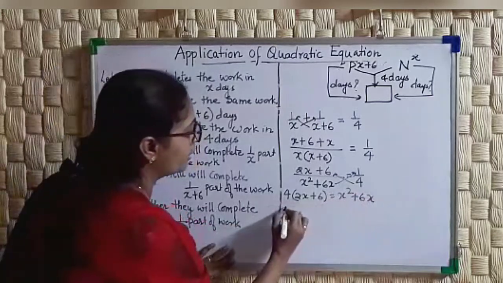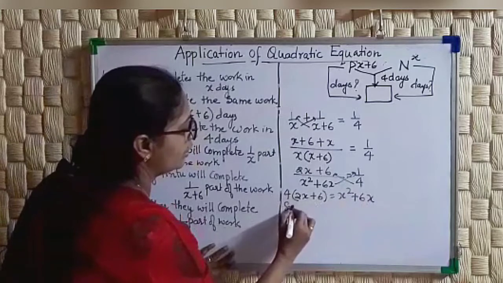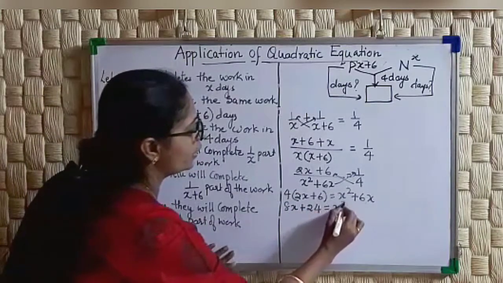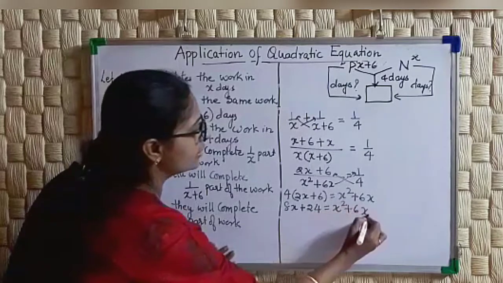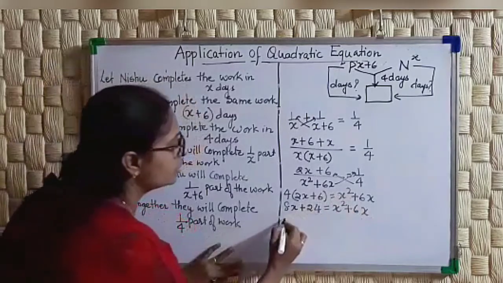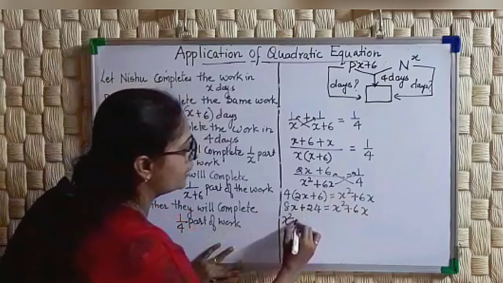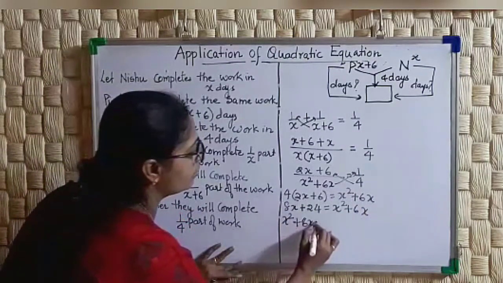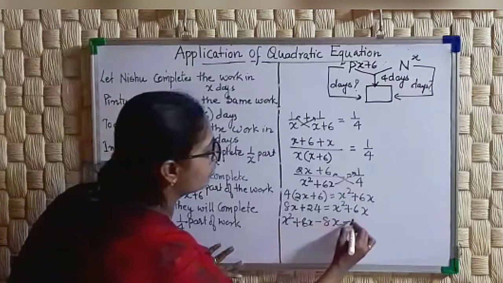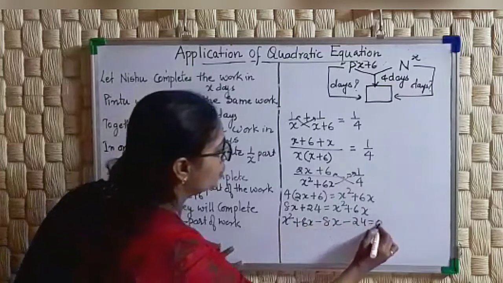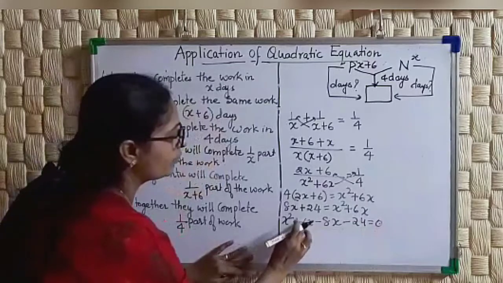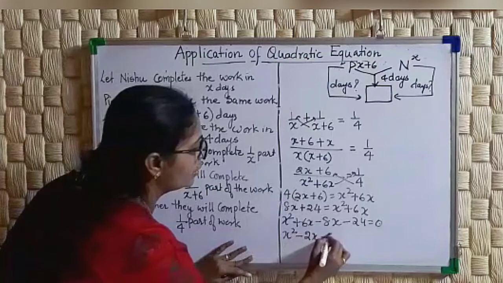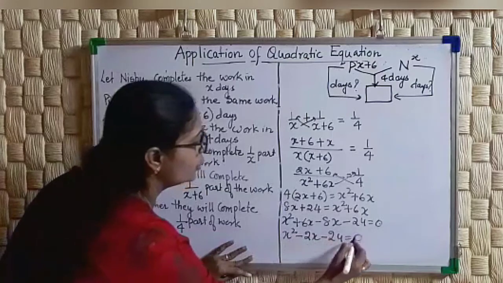When you open the bracket, you will get 8x plus 24 equal to x square plus 6x. You have to just rearrange the terms. You will get x square plus 6x minus 8x minus 24 equal to 0. So you will get x square minus 2x minus 24 equal to 0.